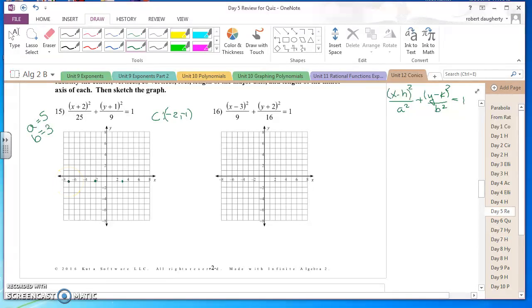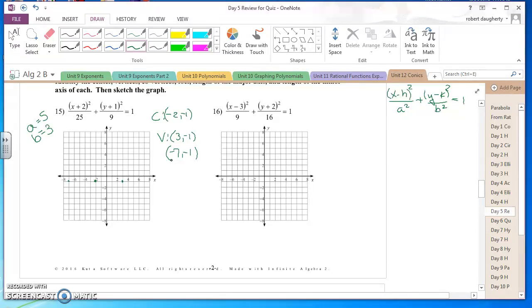That puts me here for my other vertex. So my vertices are going to be (3, -1) and the next one over here is (-7, -1).